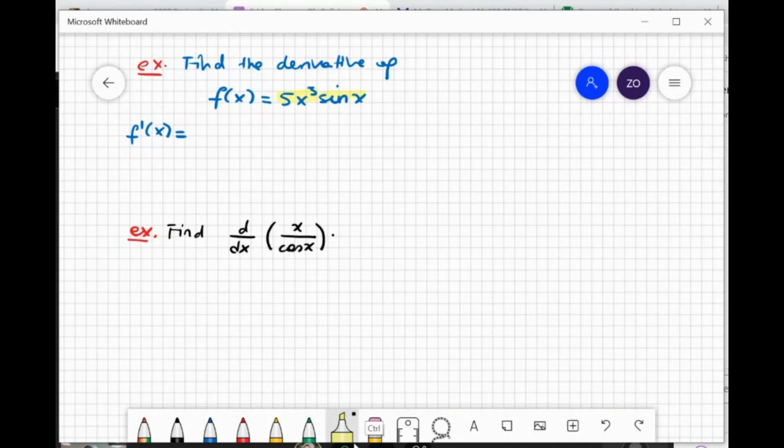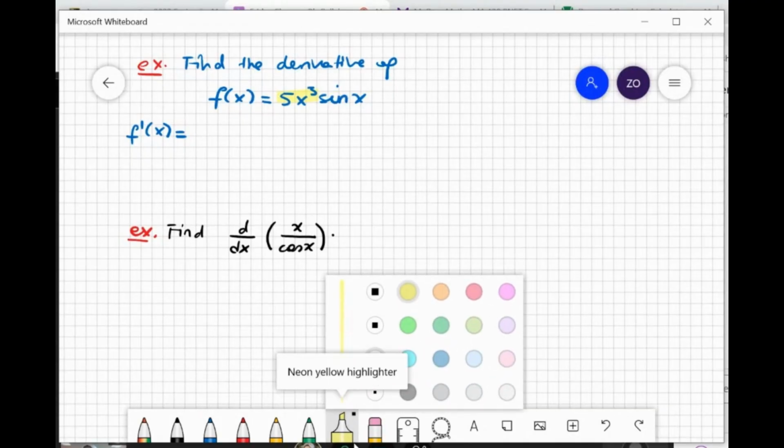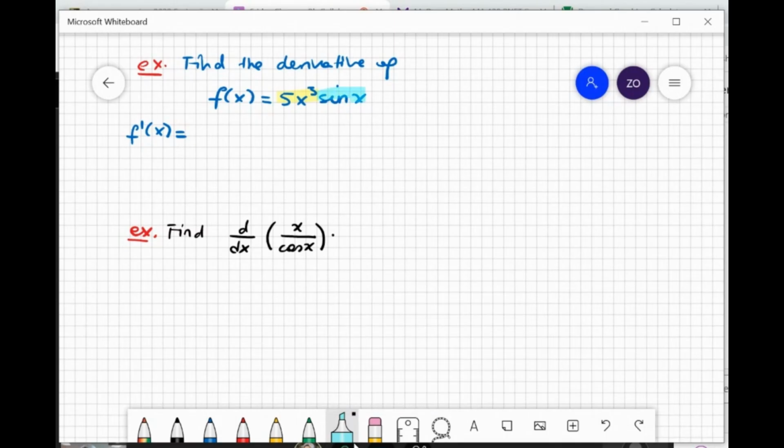If you keep 5 with the x cubed function, you can just say this is the 5x cubed function times the sine function. To find the derivative of this function, what rule should we use? We will use the product rule, which tells us to find the derivative of the first function, which is 3 times 5, 15, decrease the power by 1, x squared, right? 15x squared.